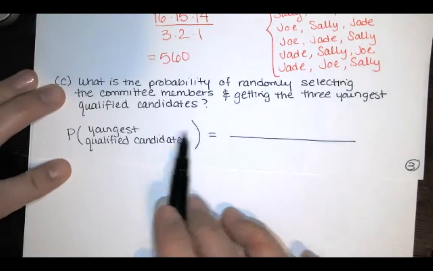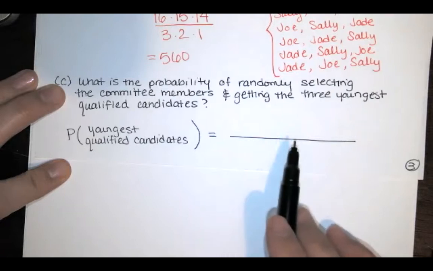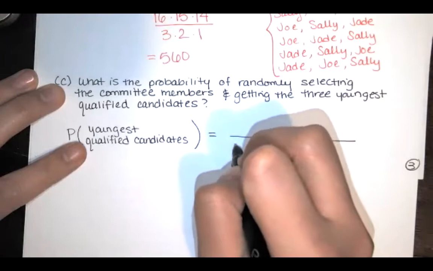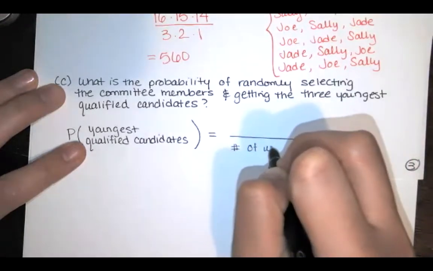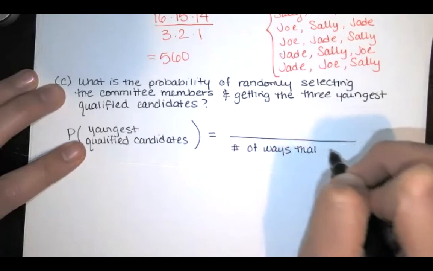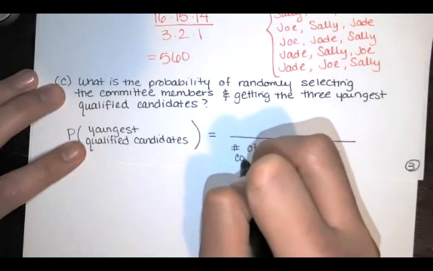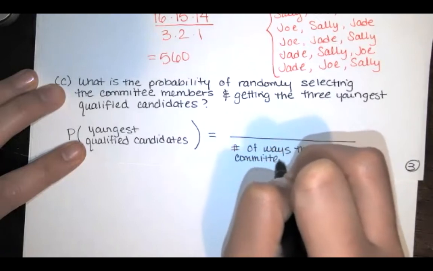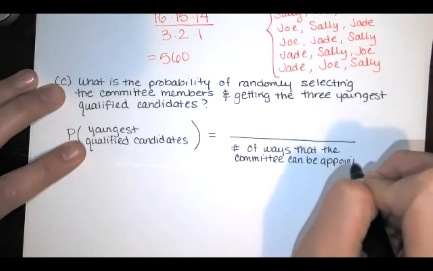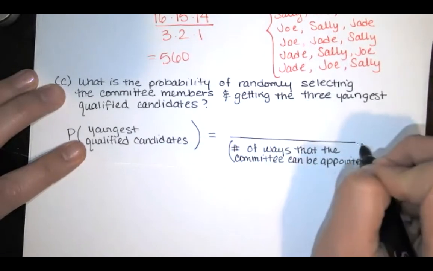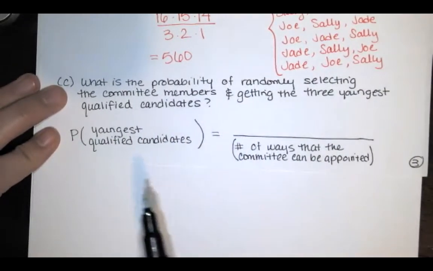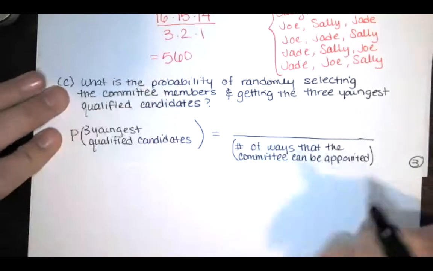Well, we want the number of ways that we can select that committee in the denominator, or the number of ways the committee can be appointed. And in the numerator, we want the number of ways that we can choose the 3 youngest qualified candidates.